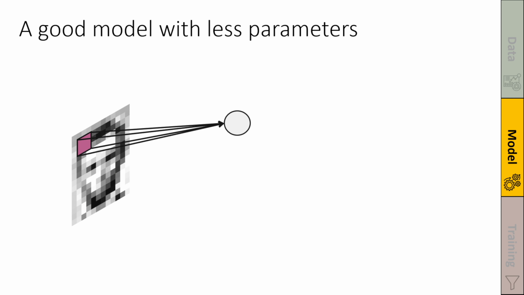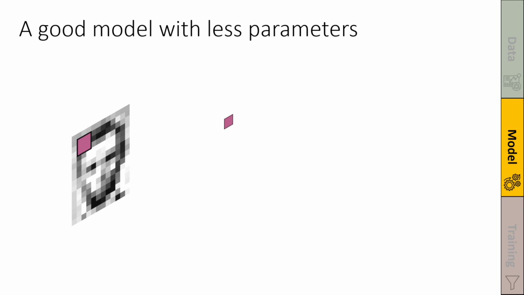I'm going to change the circle into a box and also remove the arrows to simplify the visualization. So now we have a single unit that only gets weight connections from this local area. In other words, it is sensitive to a local feature at this specific position. But ideally, we want to identify this feature at any position in the image.